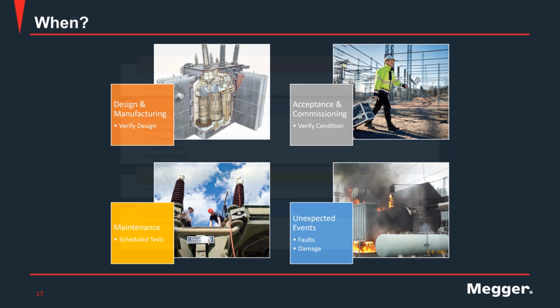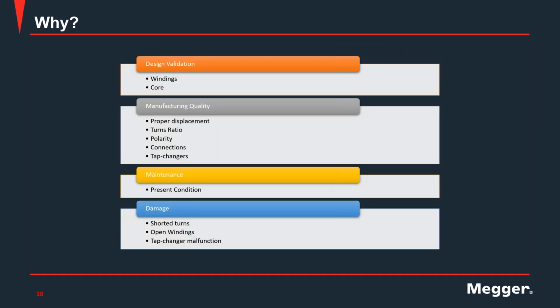On the why, well, you already said what the stages are where you want to perform the measurement, but what type of problems can you find when you perform the TTR? On the manufacturing part, already mentioned, improper number of turns, either fewer or more turns than the design dictates, and incorrect polarity.